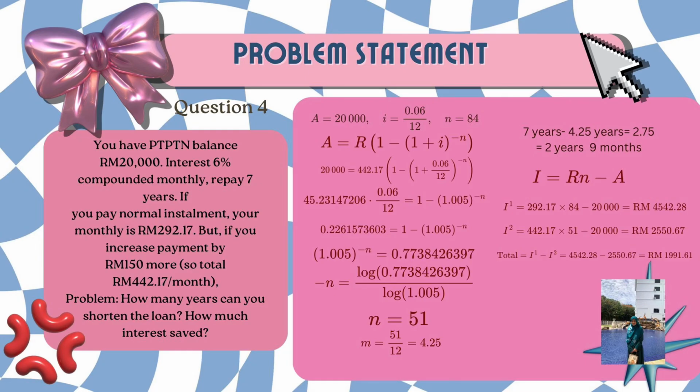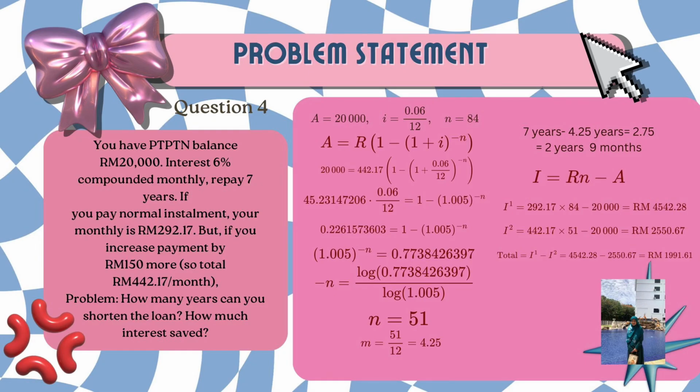So here, we want to find N. So we put A here, which is 20,000, equals R2, which is 442 ringgit 70 cents, bracket 1 minus bracket 1 plus I, which is 0.06 divided by 12, bracket negative N, bracket, divided again by I, which is 0.06 divided by 12.